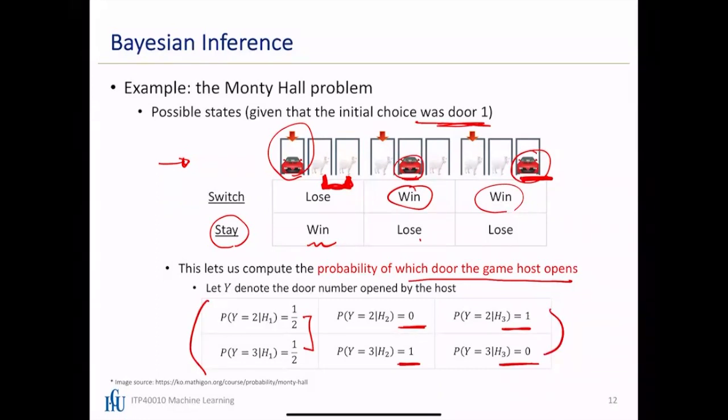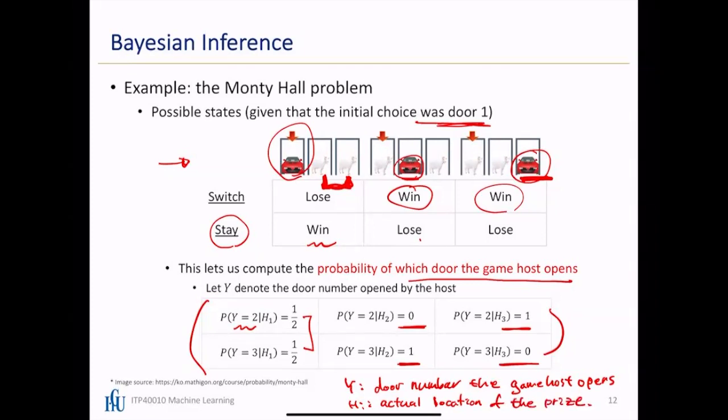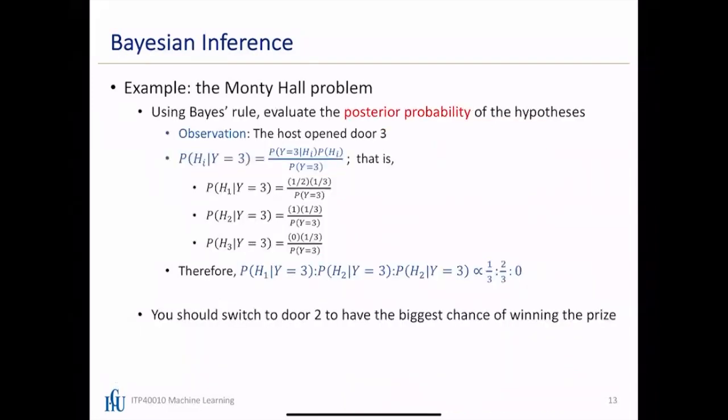Clearly, although I didn't describe it, Y is the door number the game host opens, and H is the actual location of the prize. Given that, let's calculate the posterior probability after we have seen which door was opened by the game host.